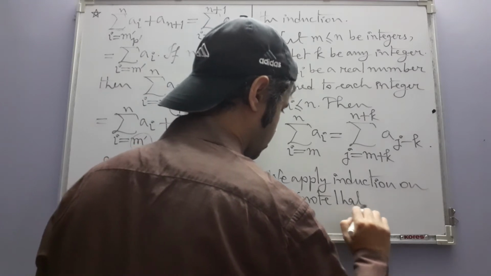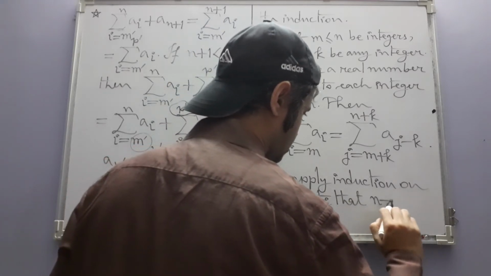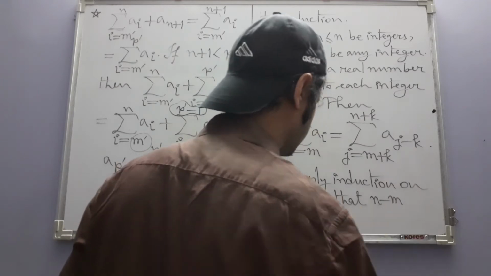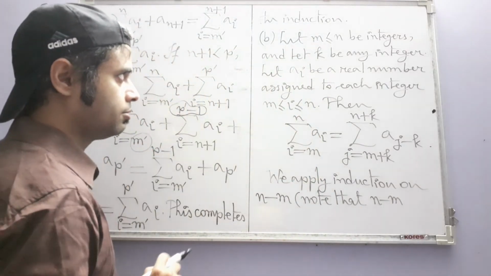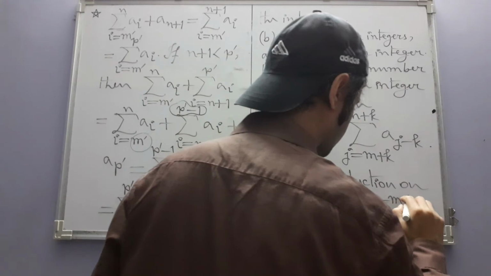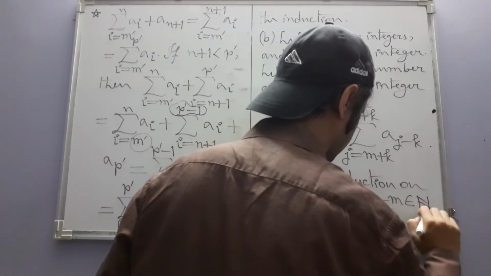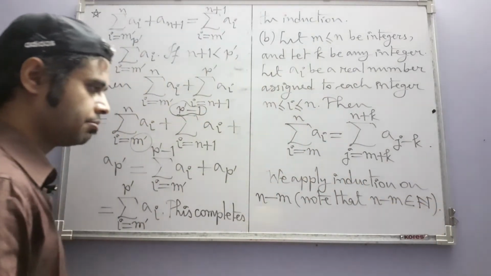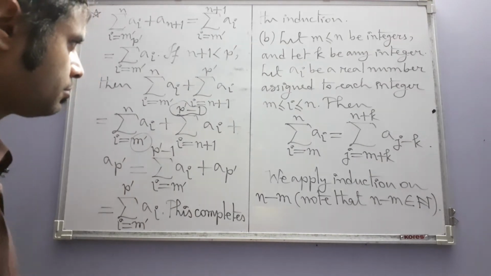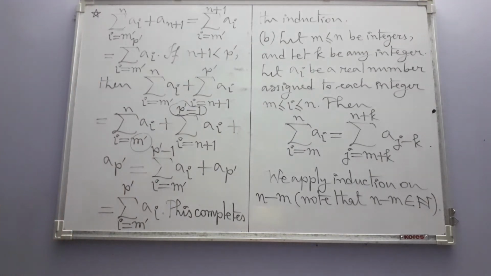Note that n minus m is a non-negative integer because n is greater than or equal to m, or in other words it's a natural number. So in this case the base case will be 0. So let us start our argument.